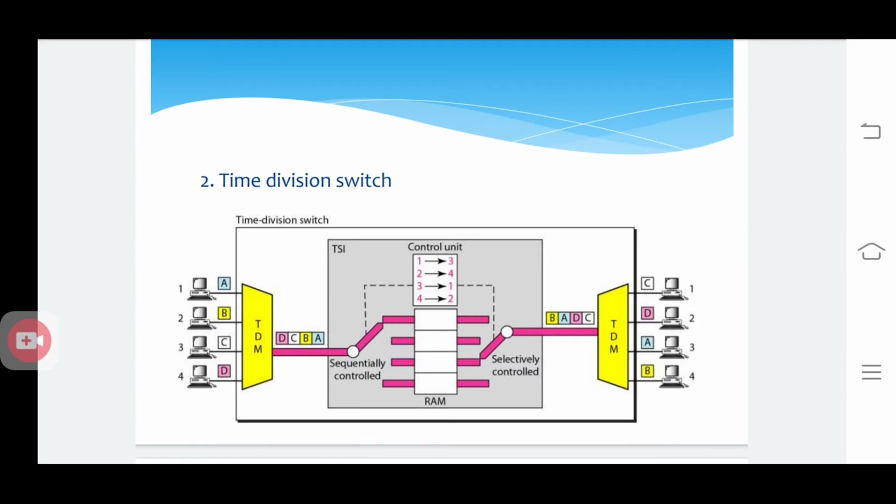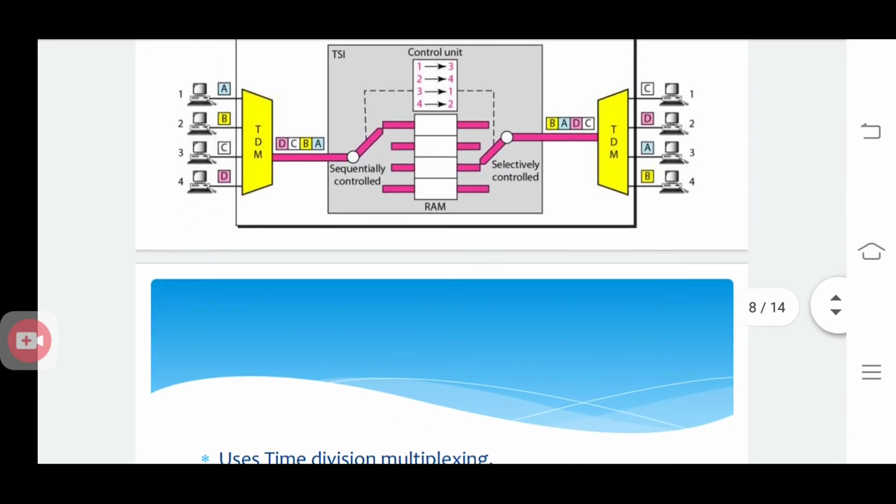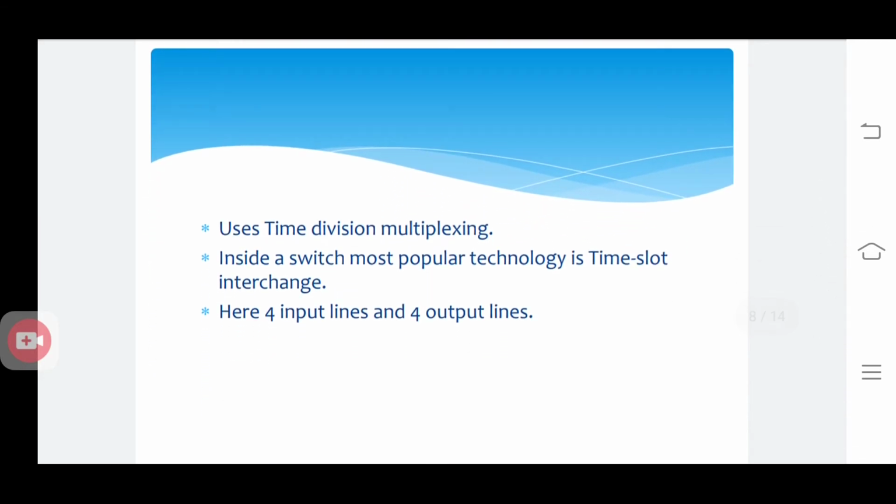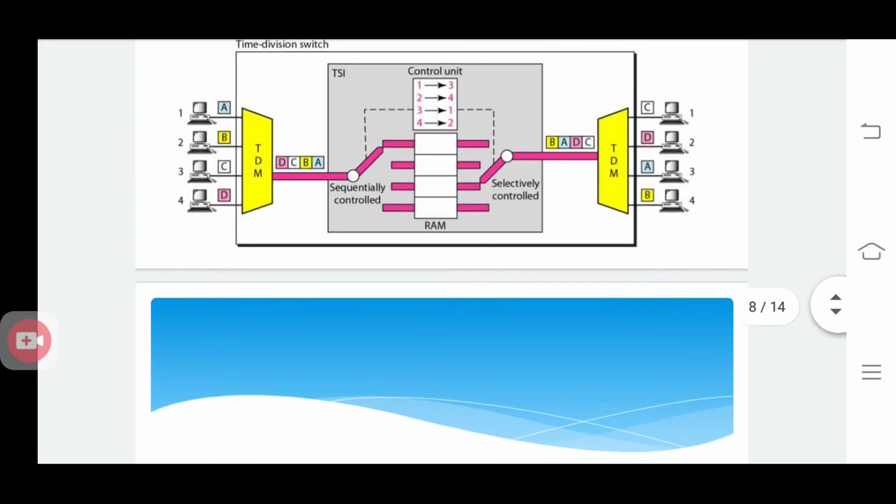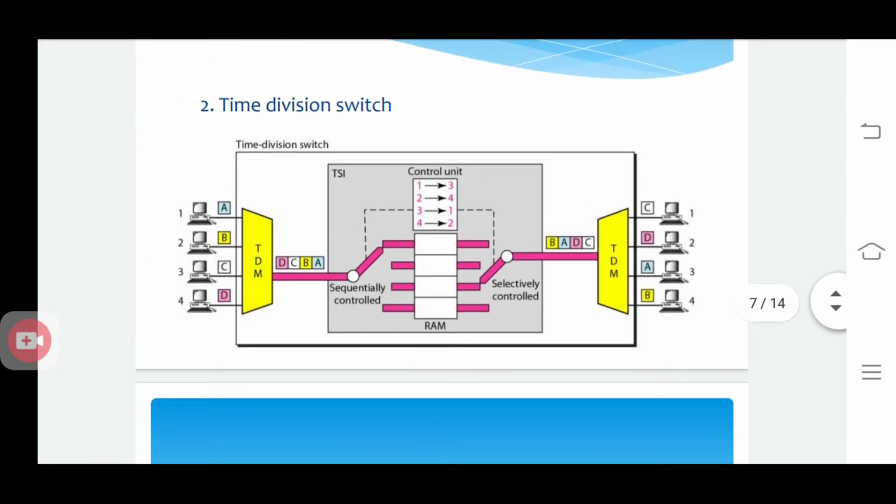You can use TDM technology at the end points, and inside the switch you can use a TSI mechanism for controlling the packets from the sender to the receiver. Here we use time division multiplexing. Inside the switch, the most popular technology is time slot interchange. Here 4 input lines and 4 output lines are used, and you can see the time slot interchange.